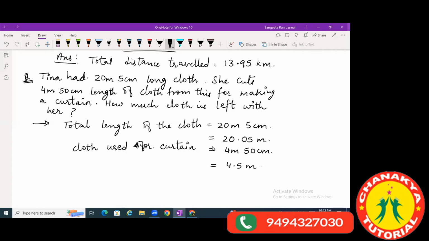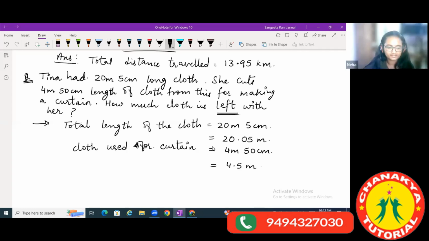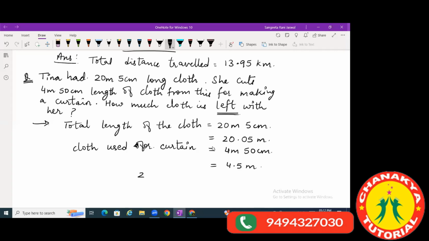How much cloth is left with her? When there are words like left or take away, what do we do in this case? We subtract. So we will subtract 20.05 minus 4.5. When you subtract this, what do you get?